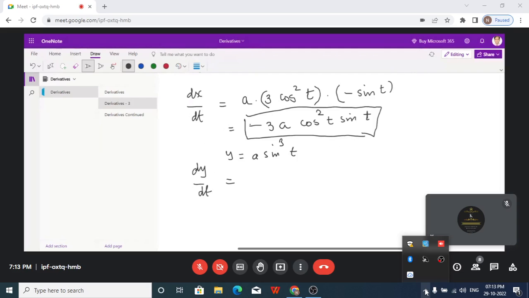Sir, 3a sin square t into cos t, sir. Correct. So a அப்படியே இருக்கும். Sin cube t with respect to sin t வந்து 3 sin square t, and the sin t with respect to t is cos t. That means this is plus 3a sin square t cos t.